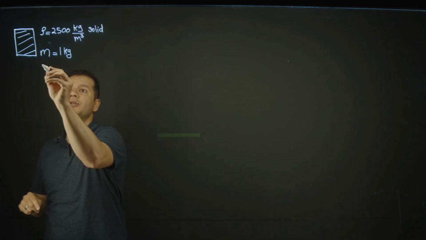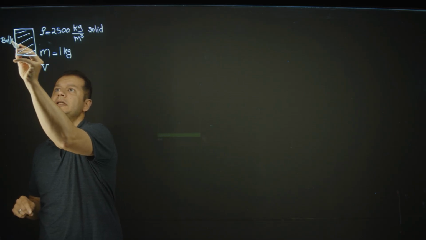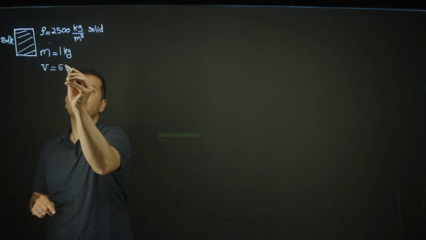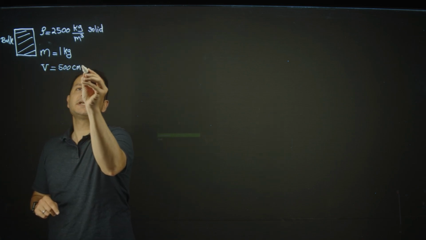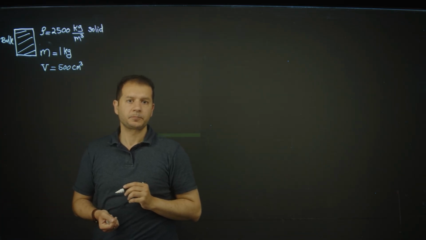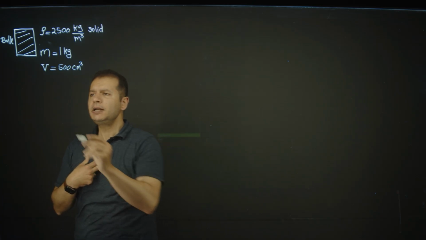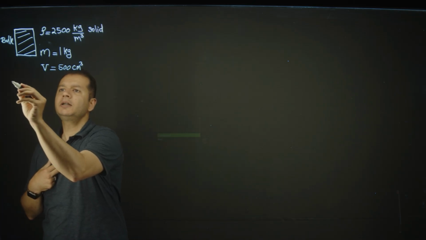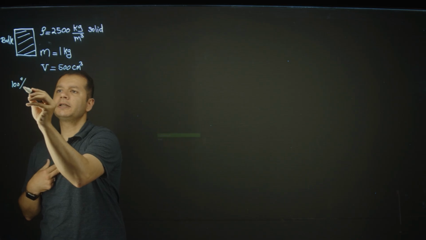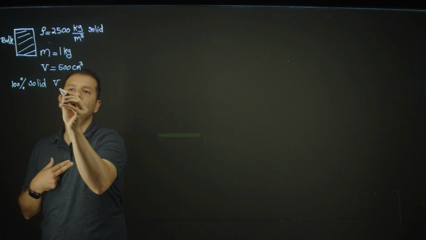Now here I am also given the volume of the bulk porous material as 500 cubic centimeter. Great. So the question is, what's the porosity? Let's consider if it was 100% solid, what would have been the volume of the pure solid, no porosity?